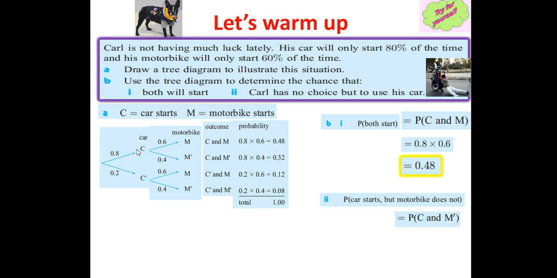So no choice but to use your car is only this outcome here. So the probability car starts and motorbike does not start would be 0.8 times M dash. 0.8 times M dash is 0.8 times 0.4, and 8 times 4 is 32. So 0.8 times 0.4 is 0.32.